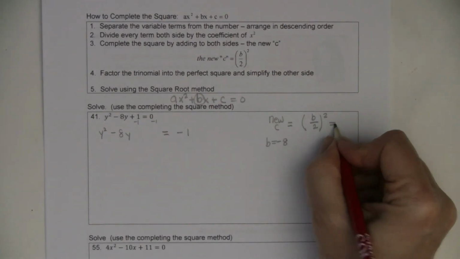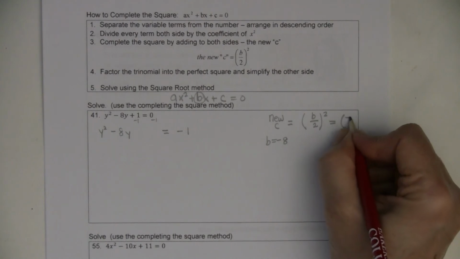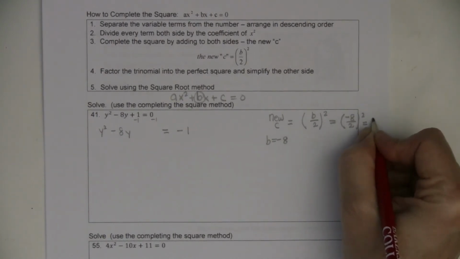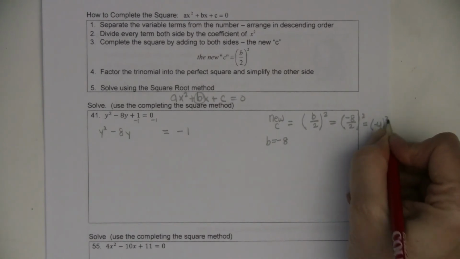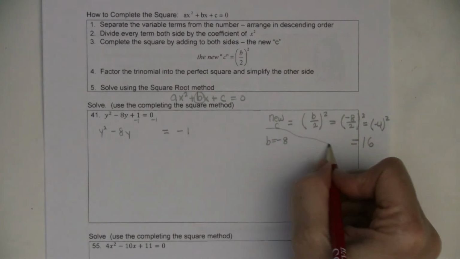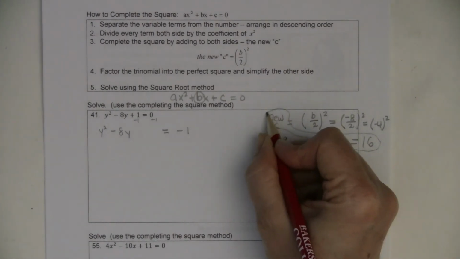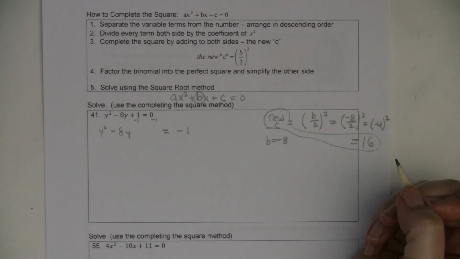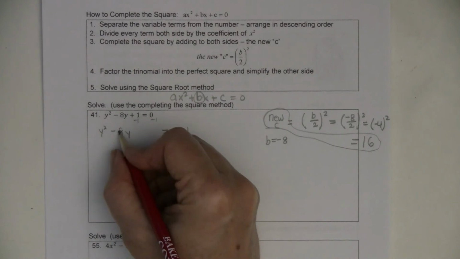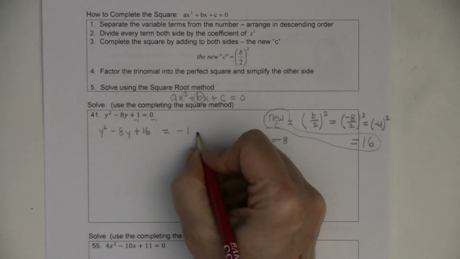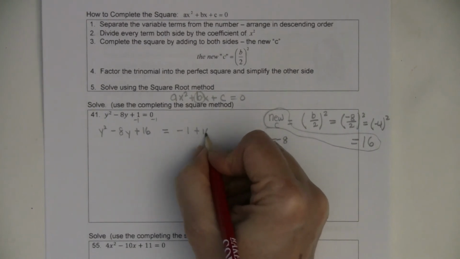When we put this in our formula, this is negative 8 over 2 squared, which is negative 4 squared, which is equal to 16. So the new c is 16. What you want to do is add plus 16 to both sides. I want to keep it in descending order, so right here would be plus 16, and on this side just plus 16, put it where you got it.